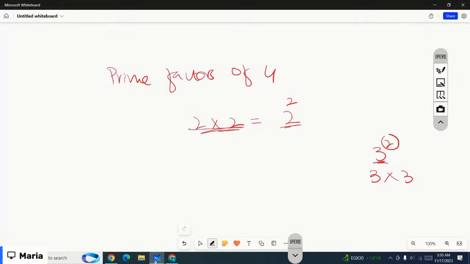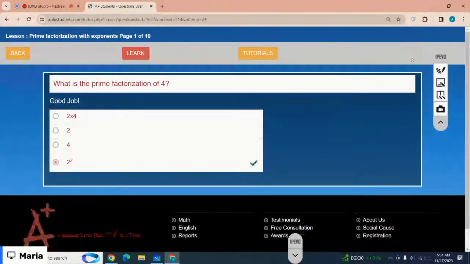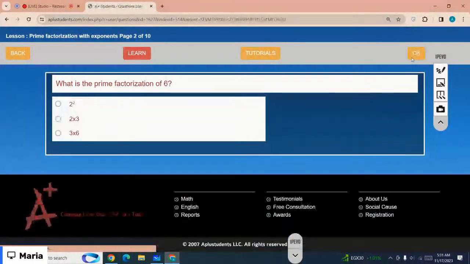Yes, the prime factorization of 4 is 2 times 2, and you can write them as 2 exponent 2. Yes, that is option number 4. So the correct option is option number 4. That would be 2 exponent 2, which means you need to multiply 2 two times. Got it?